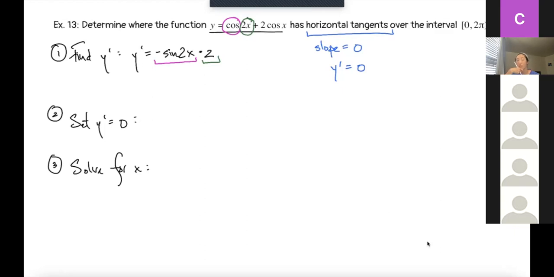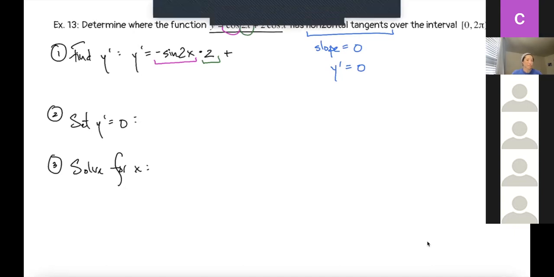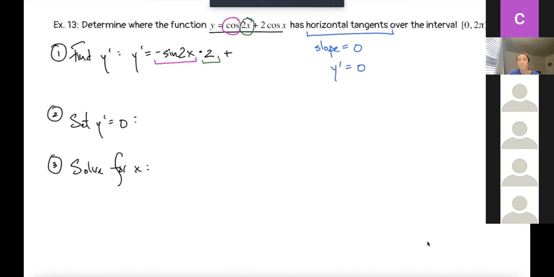Yep, and we certainly need trig as well. Thank you, Graham. Okay. So y prime, just that derivative of the first term, we get something like this. Plus, how do we find the derivative of 2 cosine x? Do we need chain rule? What do we need?